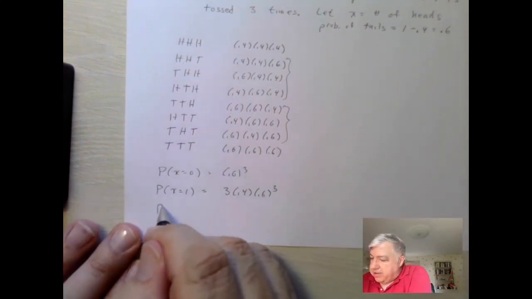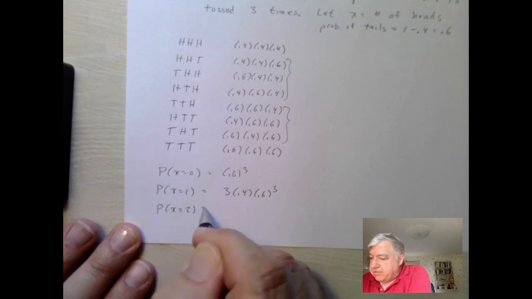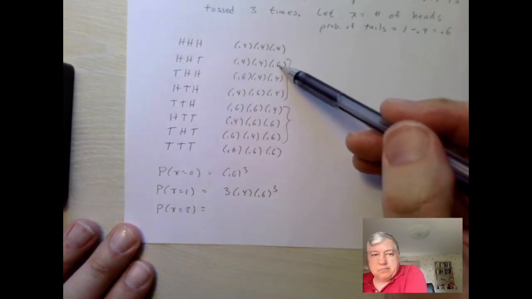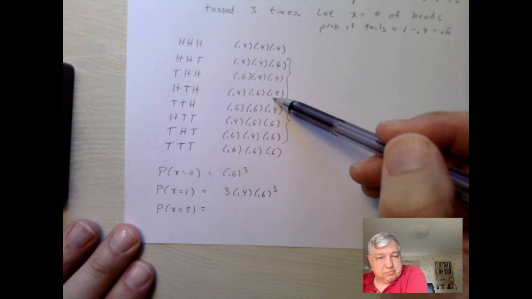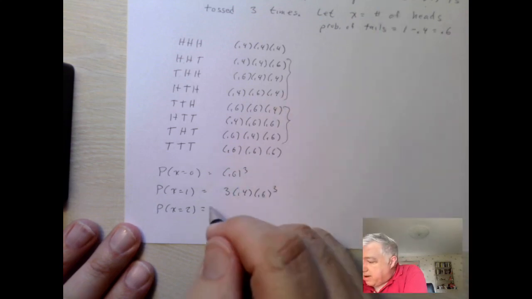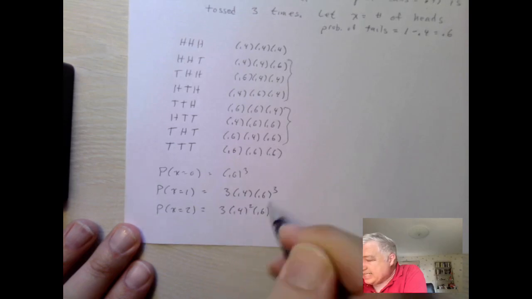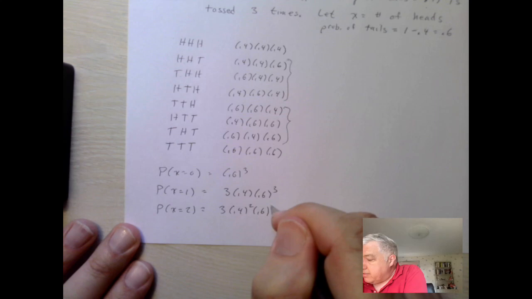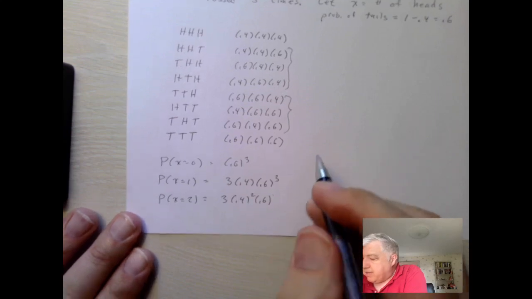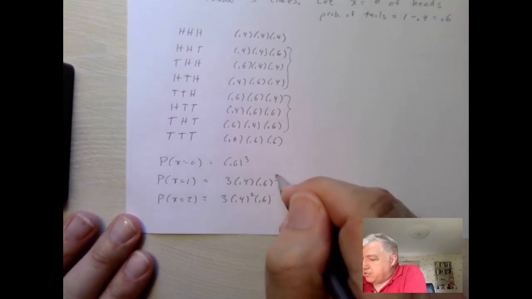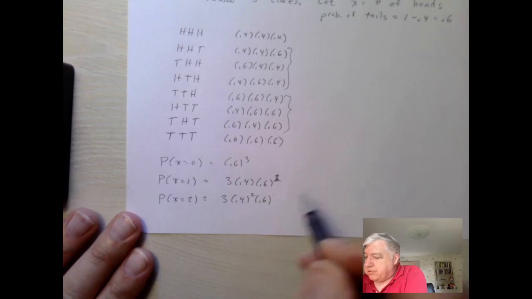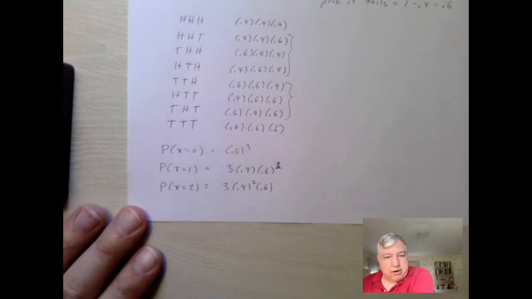The probability of x equals 2 would be this number plus this number plus this number. And then that would be 3 times 0.4 squared times 0.6. And by the way, I'm sorry, this 3 should be a 2, and this is a 2, and this is 1. Okay, sorry about that.